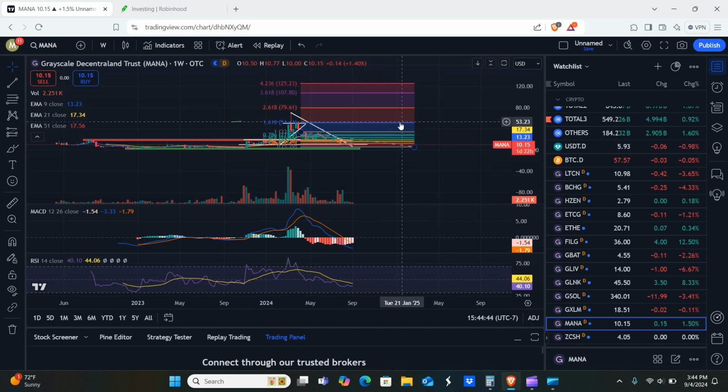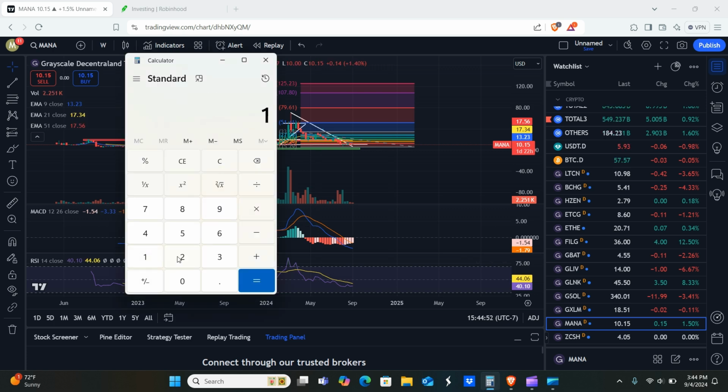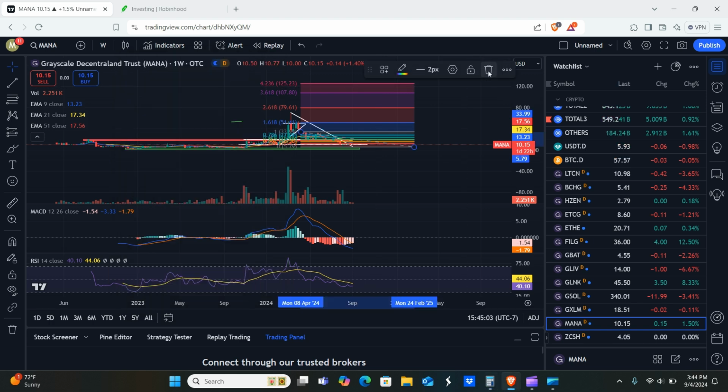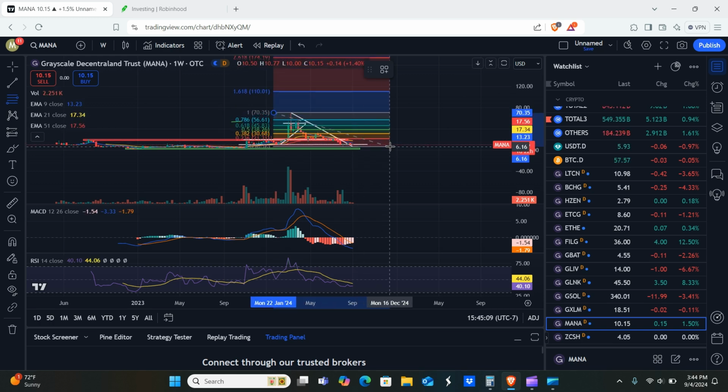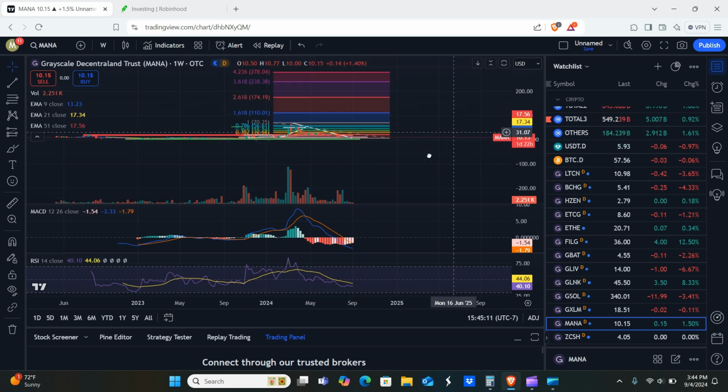So MANA, roughly about 50, 78, 108, and then roughly about 125 respectively. So 125 divided by 10. We'll just call this 10. Keep it simple. 12.5x. It's going to be 25K. And then on the macro scale, it's much larger.